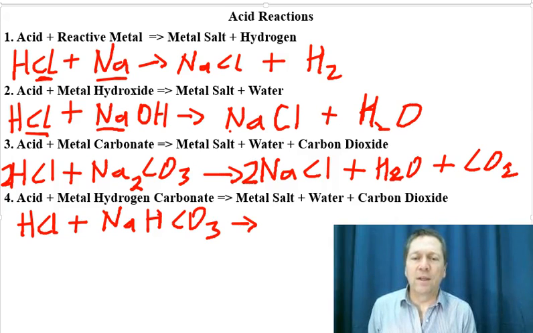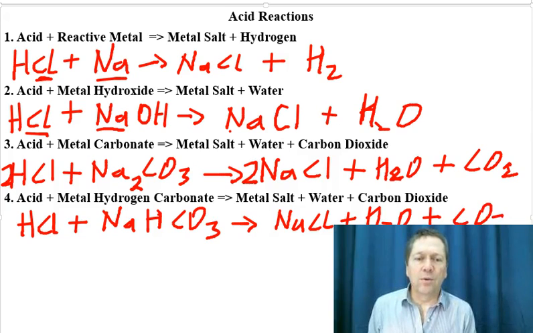It gives virtually the same things: sodium chloride plus H2O plus CO2. All the same things. Now, we haven't balanced it yet, so you should look at that. Well, actually, I think it all balances out. There we go. It's all done.